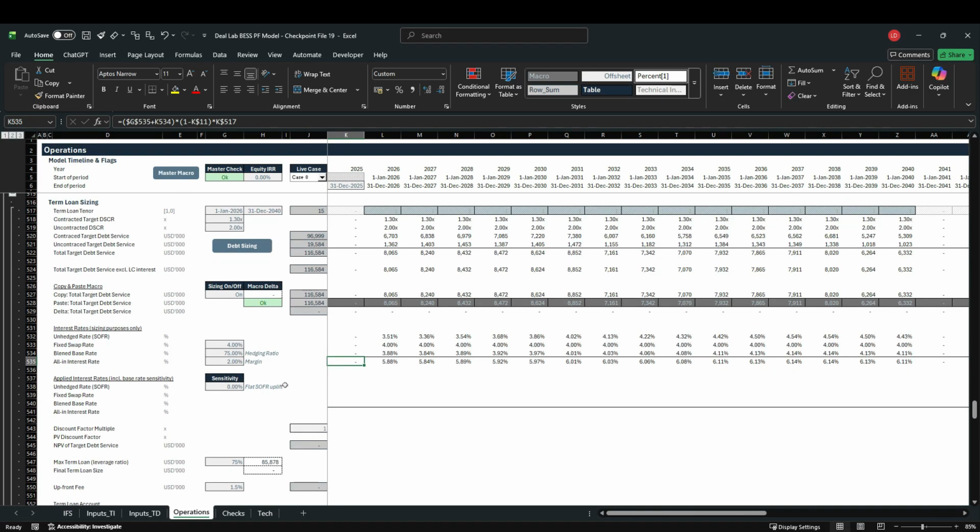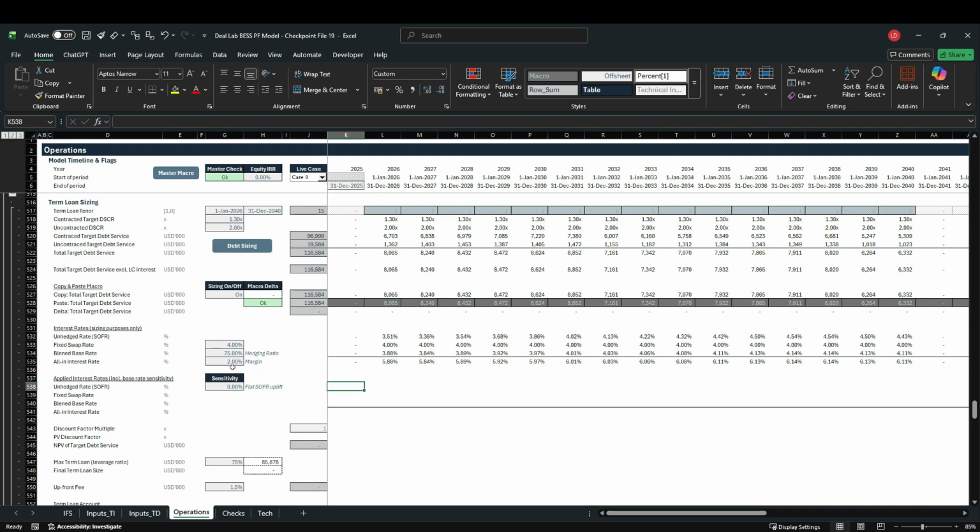So that gives us our all-in interest rate for sizing purposes, which is between 5.8 and roughly 6.1 or 2%. And then we'll also implement an applied interest rate, including our base rate sensitivity. Our base rate sensitivity is either a lift or a decrease of our unhedged SOFR rate.